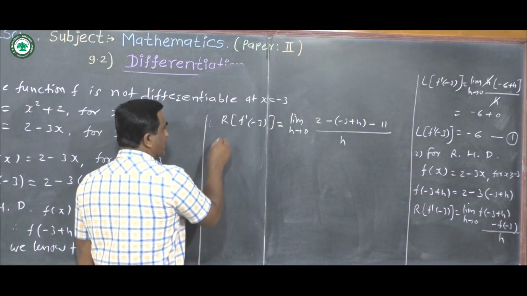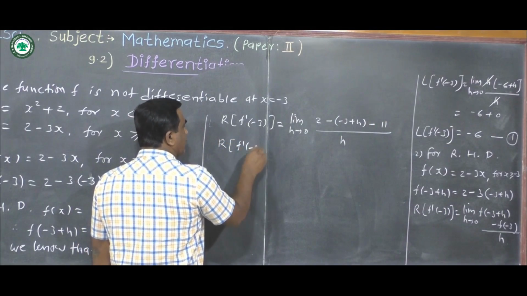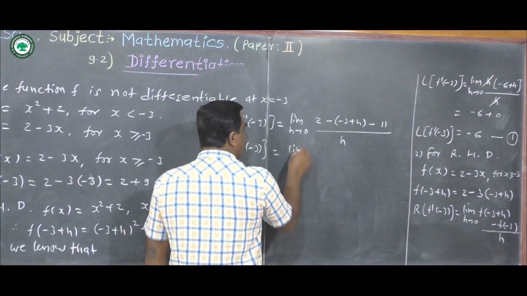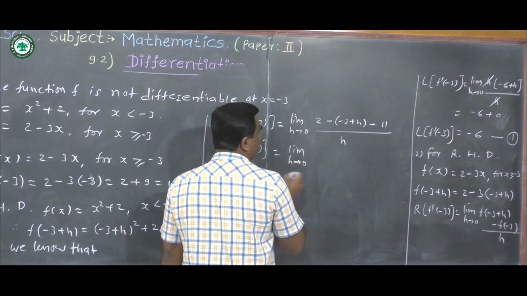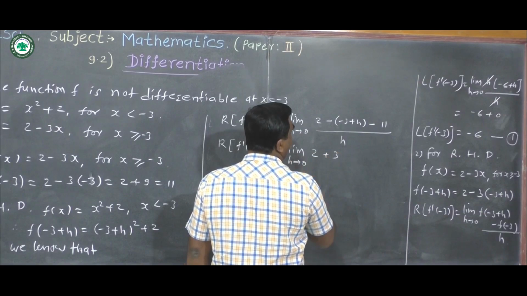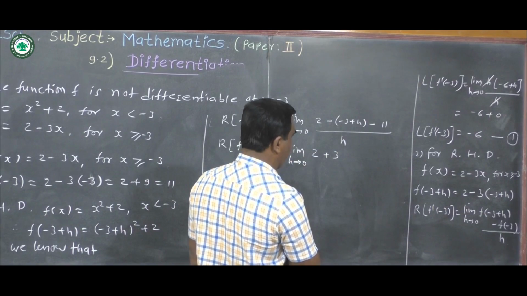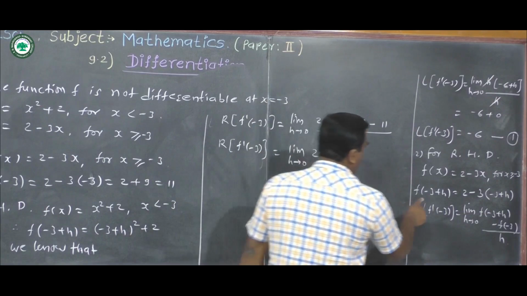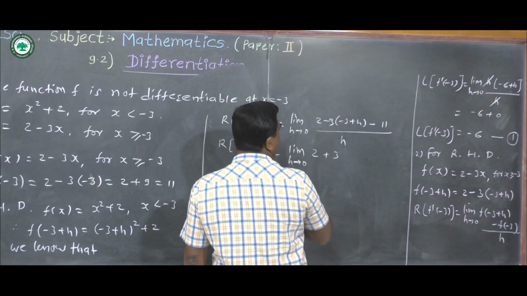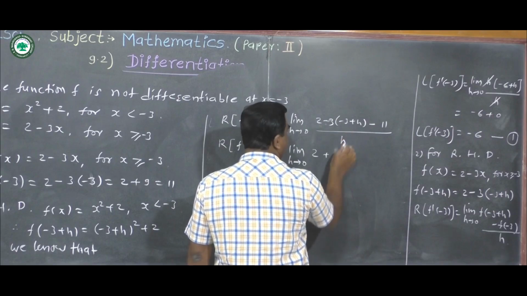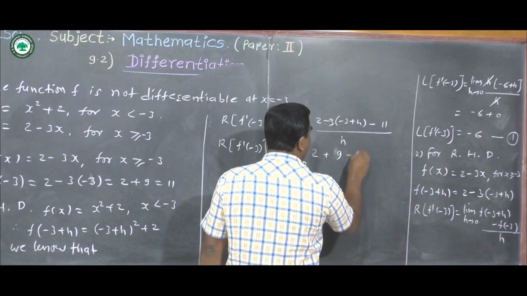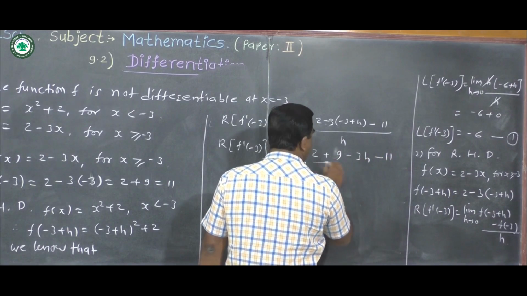Okay, that is R f dash of minus 3, right hand derivative at x equal to minus 3, is equal to limit h tends to 0. Simplify this: sorry, here the value of f of minus 3 plus h is 2 minus 3 into 3, that is 9, minus 3 into h, minus 3h, minus 11 as it is, upon h.